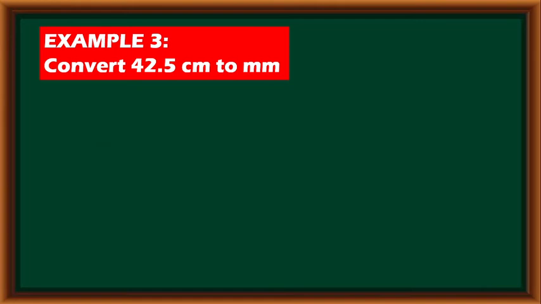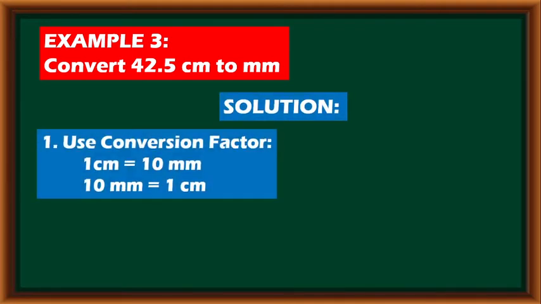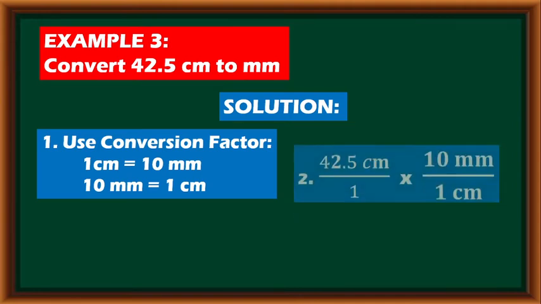Next. For example number 3, you're going to convert 42.5 centimeter to millimeter. Which one is smaller? Of course, millimeter, because millimeter is on the right of centimeter. By how many? In your conversion factor, there are 10 millimeters in 1 centimeter, or 1 centimeter is equal to 10 millimeters.